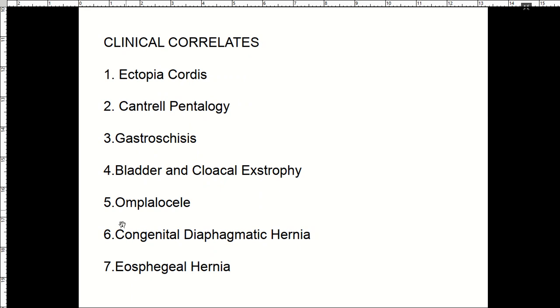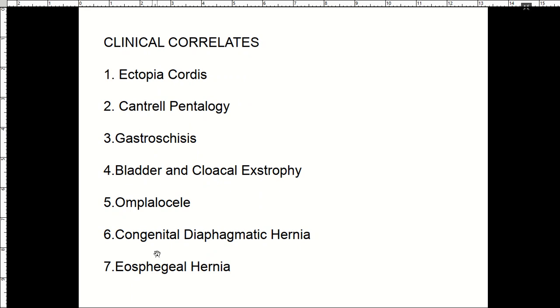Good. And then we have also congenital diaphragmatic hernia. So what is happening here is this. Remember, you're going to have your pericardioperitoneal canals, but they have to be separated by the pleuroperitoneal membranes, both of them.